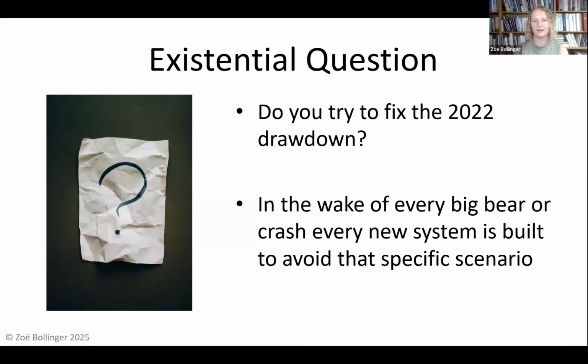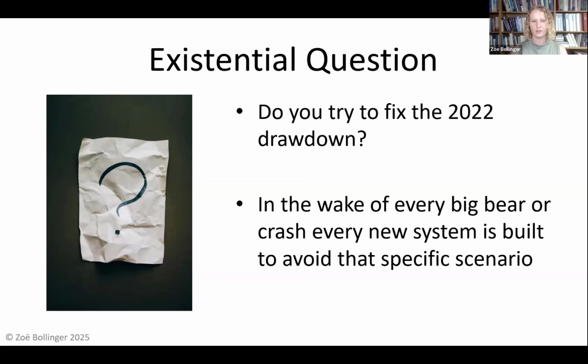Every time we have a really bad market event, 87 crash, 0809 great financial crisis, COVID, 2022, everyone goes out and designs a system to avoid the last bad thing that happened. And it's purpose built for that. And then the next bad thing that happens could be a total surprise with completely different characteristics.